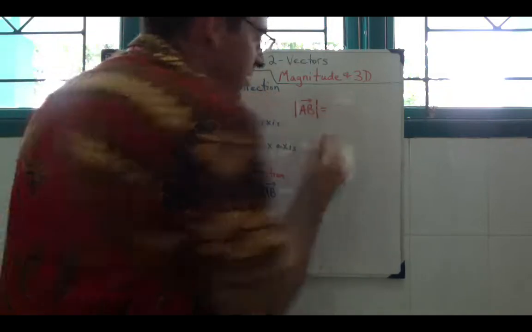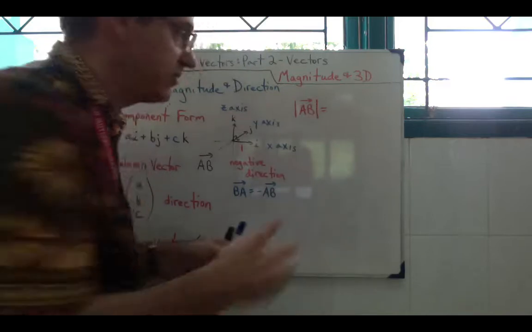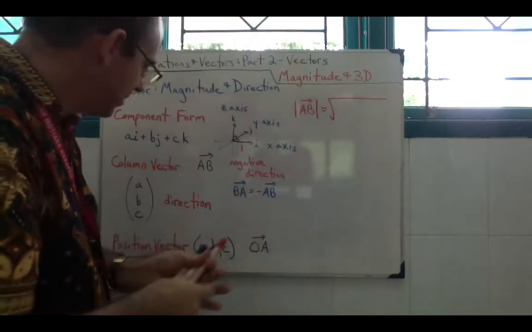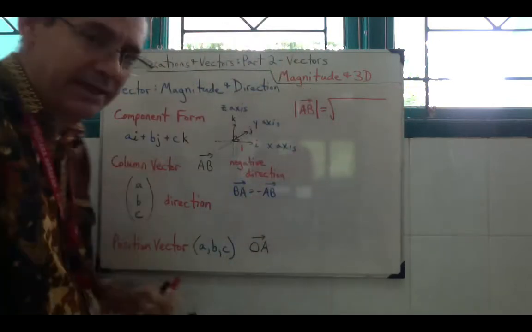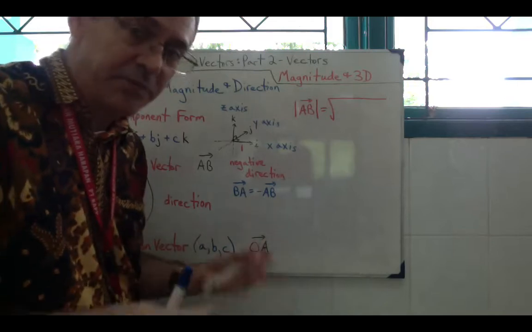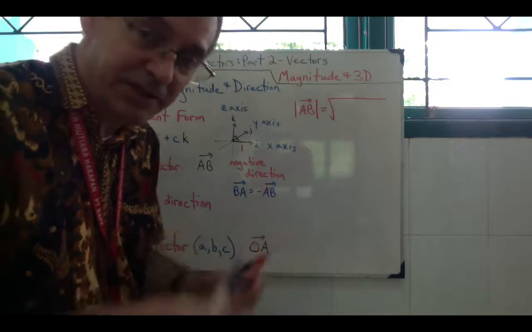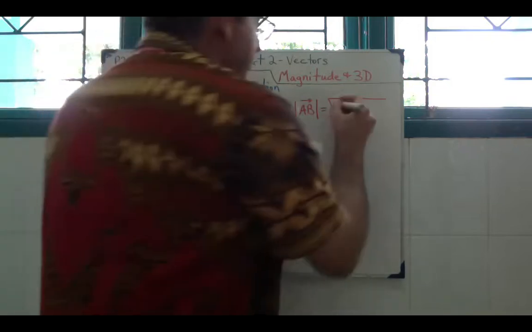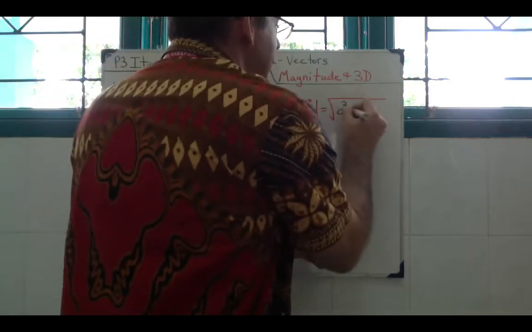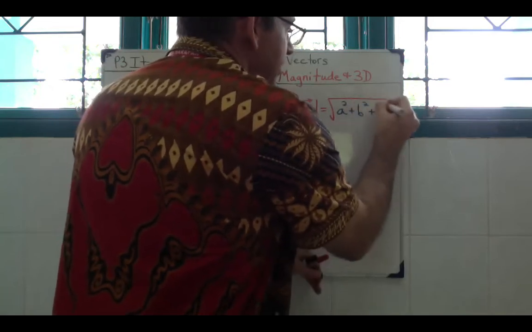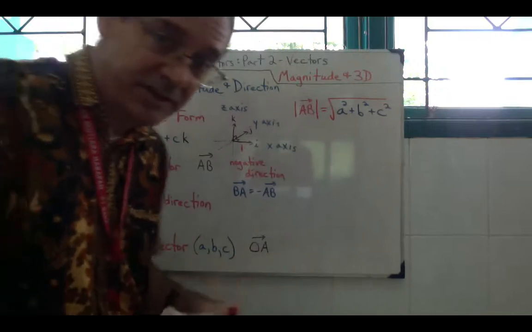And since it's distance, it just follows your distance formula, where you have the square root of A, B, and C. It's the same thing in 2-dimension as in 3-dimension, except you have the additional number. So it's A squared plus B squared, and in 3-dimensional you now have plus C squared.